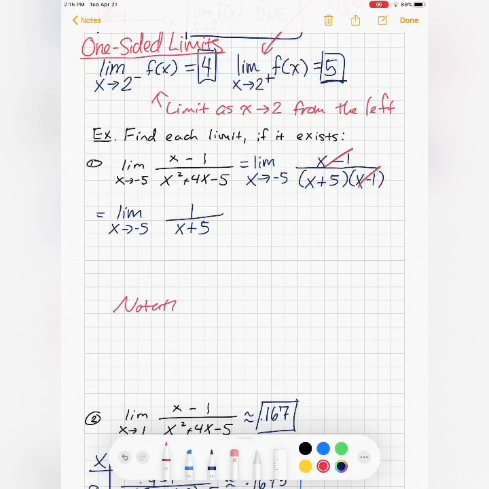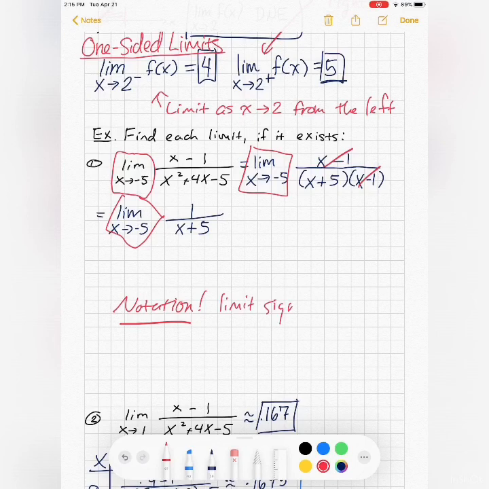Notice with my notation, with these sections especially, the notation is really important. So you see how in each of these steps here, I haven't actually evaluated the limit yet. So that limit sign remains in front of each and every step where the variable remains.